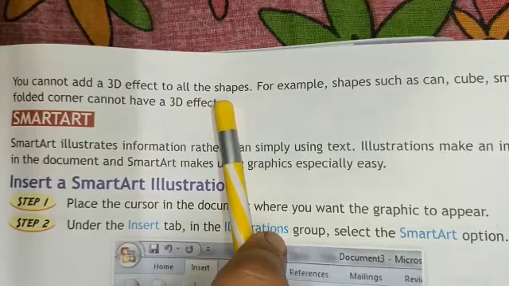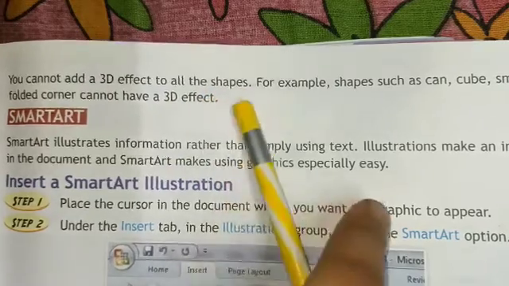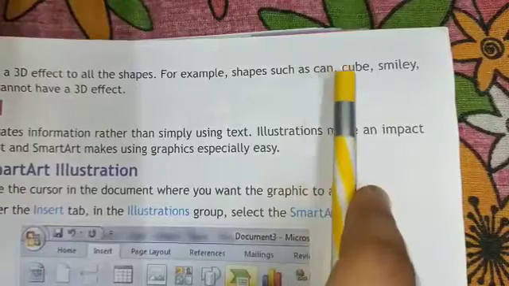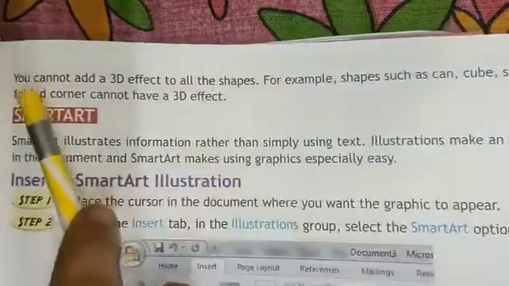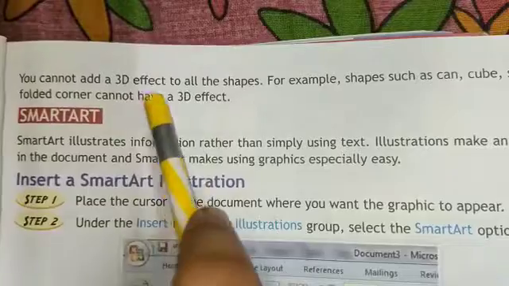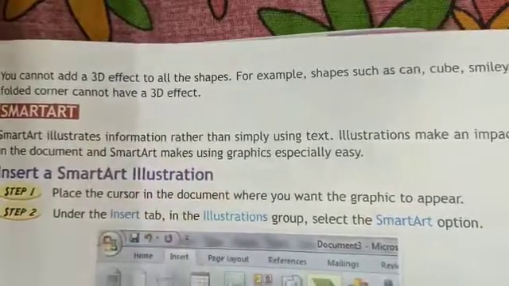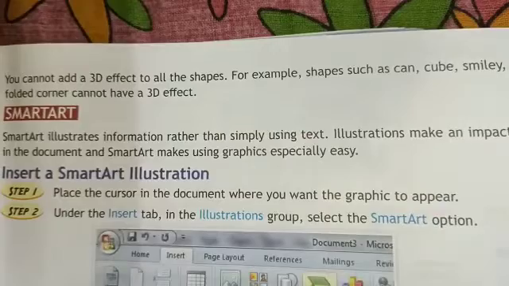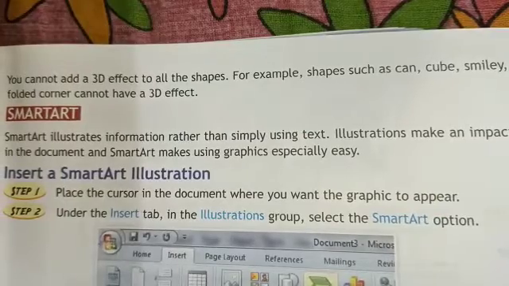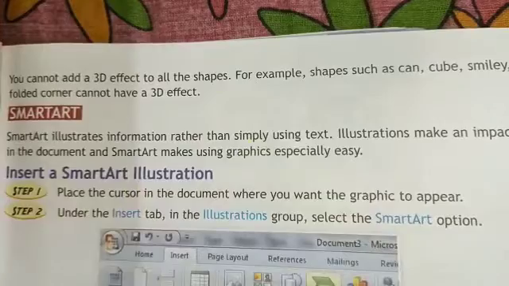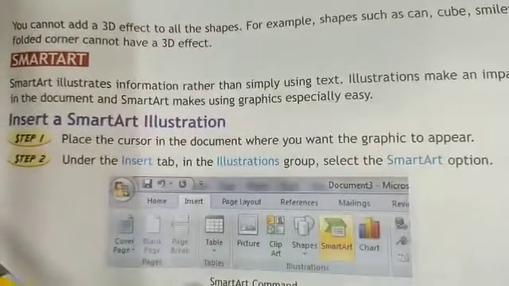For example, shapes such as can, cube, smiley and folded corner cannot have a 3D effect.